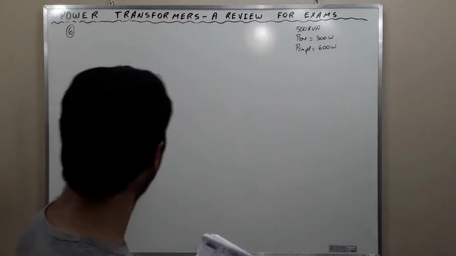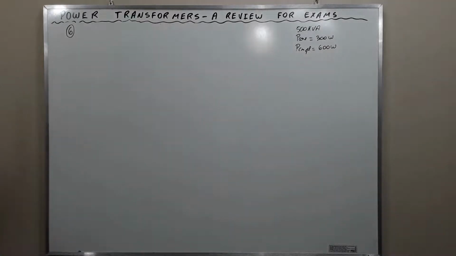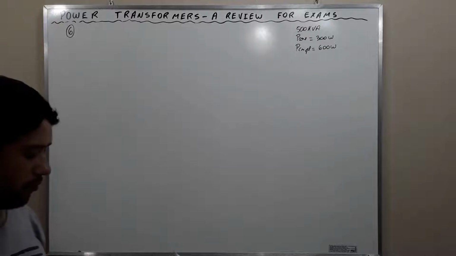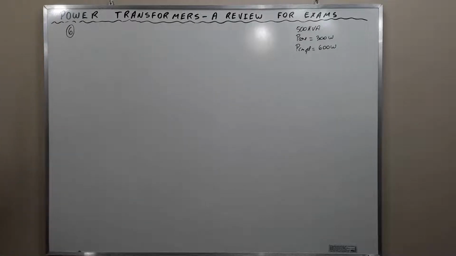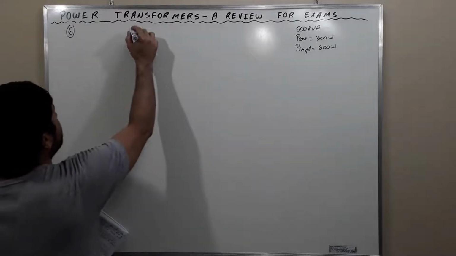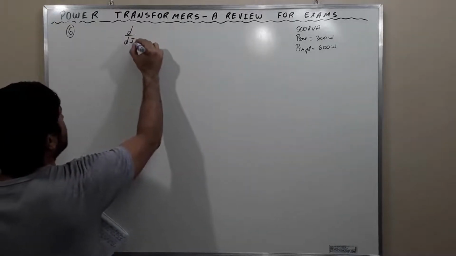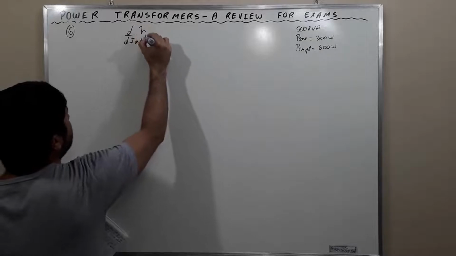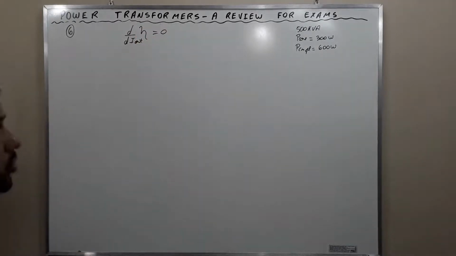My friends, this is exercise 6, and we're working again with efficiency. Efficiency is maximized with respect to output current; the derivative of the efficiency with respect to output current has to be equal to 0.